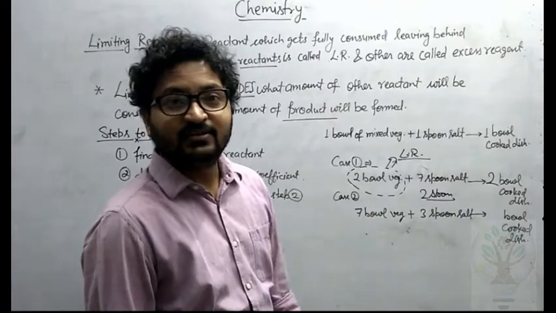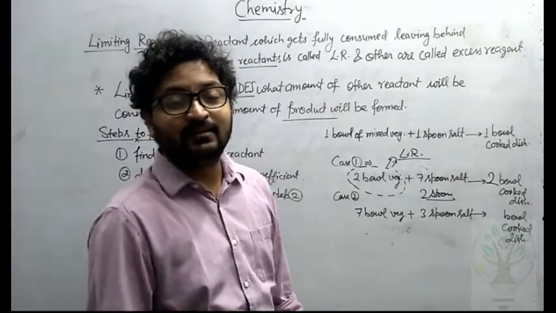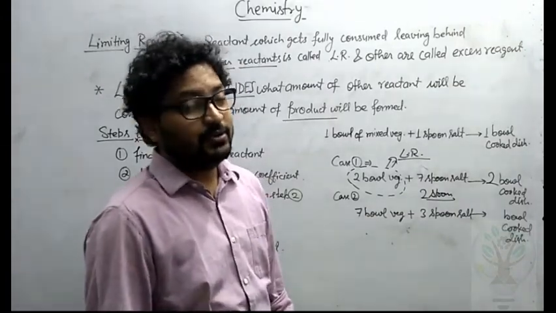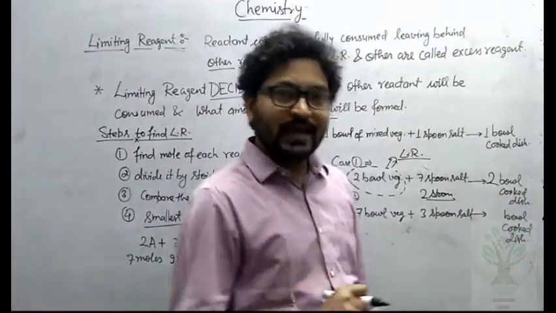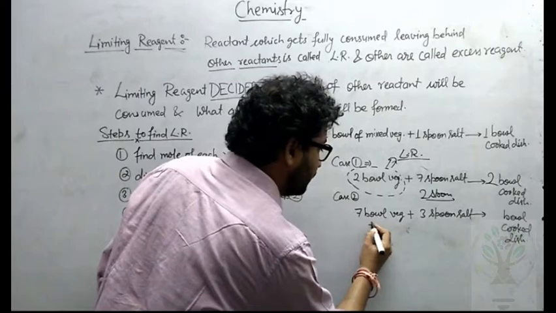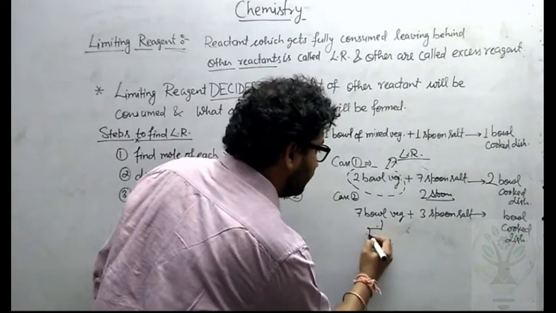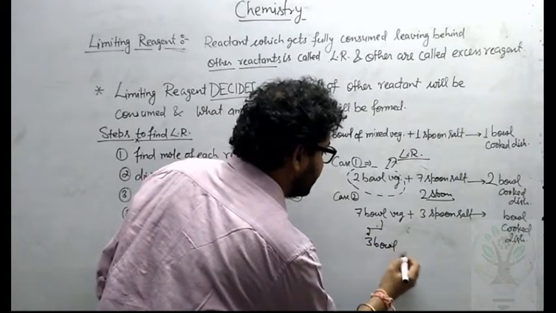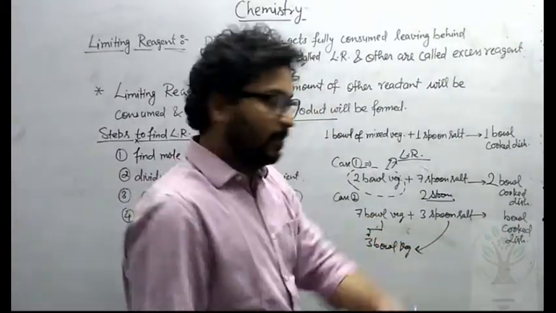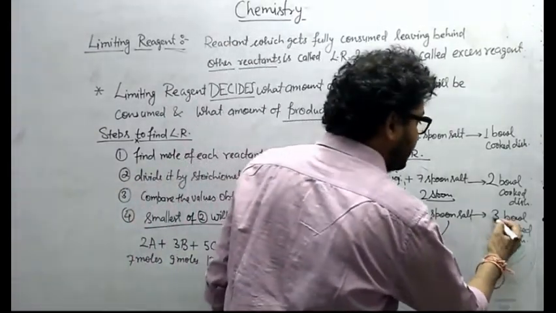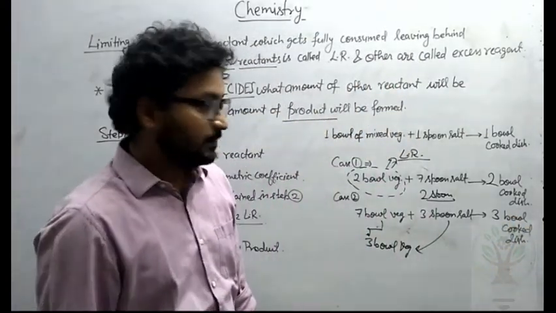Just 3. Since you are lacking salt, you cannot make 7 bowl of very good dish. But suppose you separate out 3 bowl veg from this 7. Now if you mix this with 3 spoons salt, how many bowls of cooked dish will you get? 3 bowls. We're getting the same.